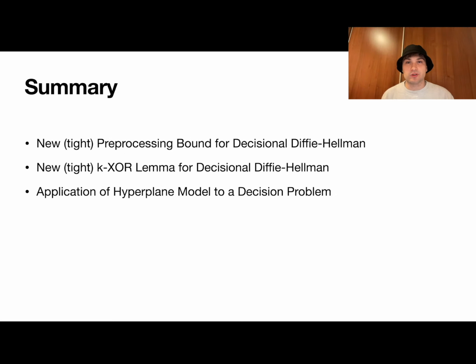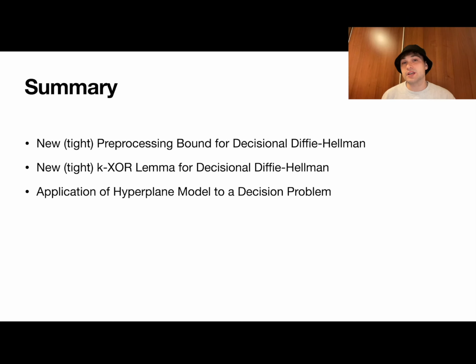Finally, in order to summarize, here are some previously open problems which we address. First, and most importantly, we prove a new, tight preprocessing bound for decisional Diffie-Hellman. That is to say, decisional Diffie-Hellman is equivalent to discrete log even in the preprocessing setting. Second of all, we prove a new, tight k-XOR lemma for decisional Diffie-Hellman.